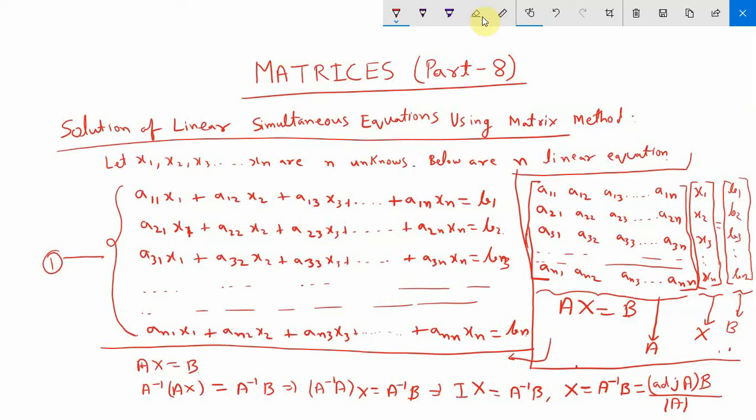Okay friends, so this is the base of linear equation solution using matrix method. Now we will see types of equations, then we will proceed with problems. So types of equations we see.